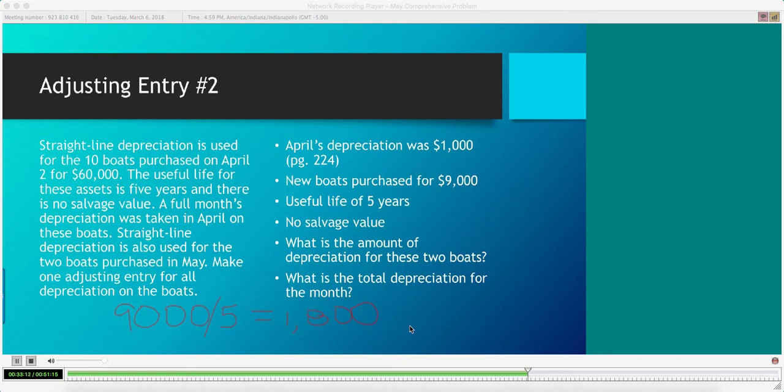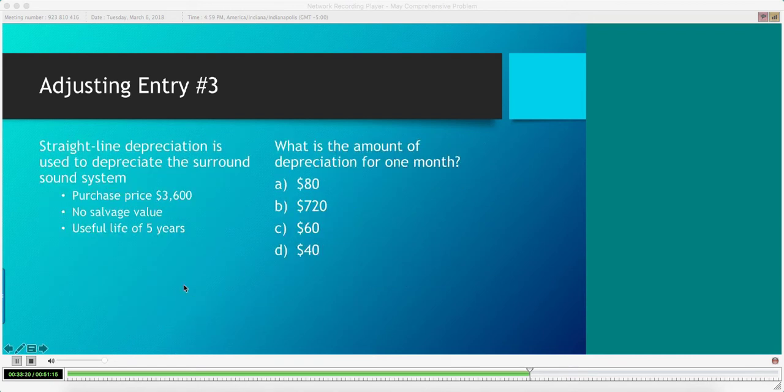Okay, because we already know how much it was in April. So we just had to figure out the new information. Again, straight line depreciation. We purchased a surround system for $3,600, no salvage value, useful life of 5 years. How much would we depreciate it for 1 month?